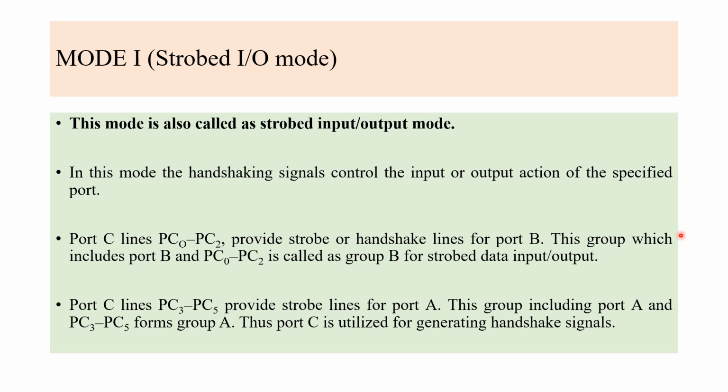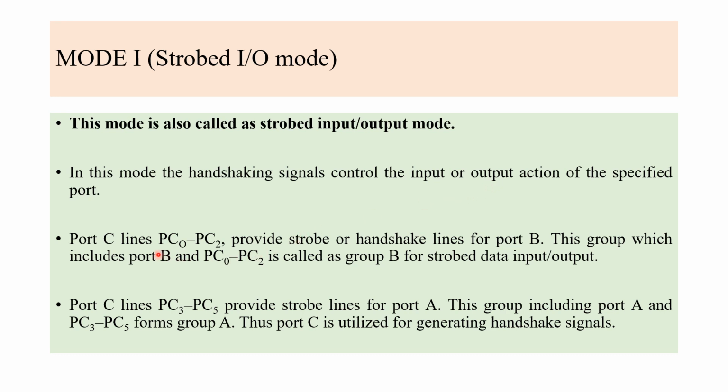Next is mode 1. Mode 1 is strobed input-output mode. In this mode, we have handshaking signals. The handshaking signals control the input or output actions of a specified port.